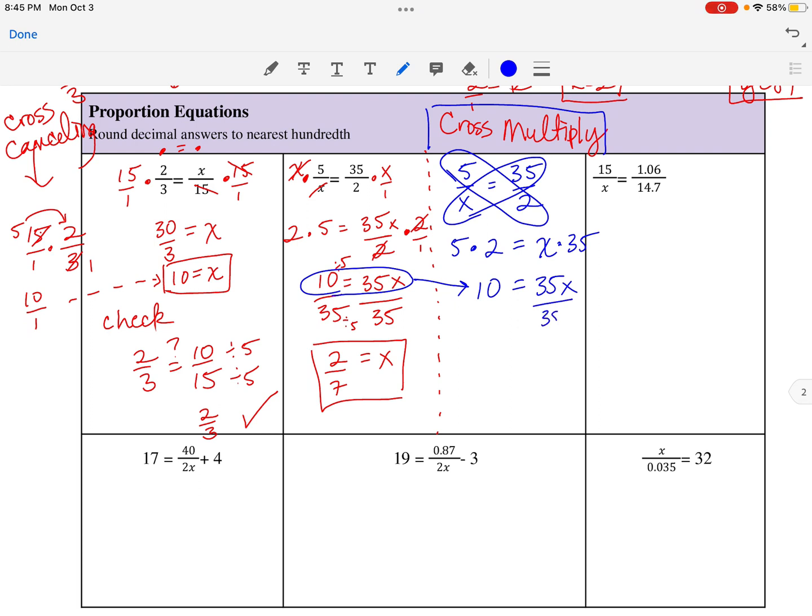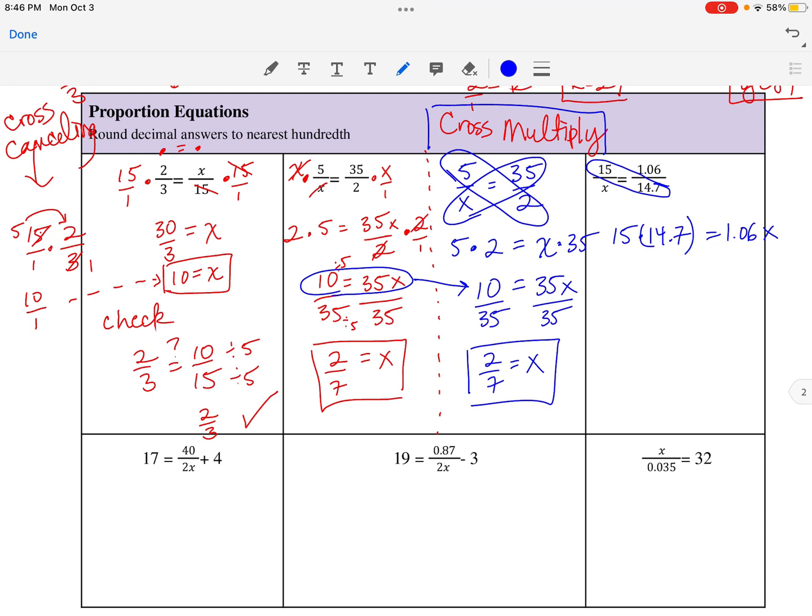Now we've got to get the x by itself, so we're going to divide both sides by 35. And that's the same thing we have here. That simplifies to 2/7. So the cross-multiplying technique is very helpful. It can be used with decimals as well. So I can say 15 times 14.07, or I could do my multiplying with parentheses, either way, equals 1.06 times x.